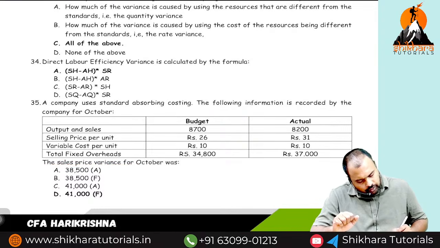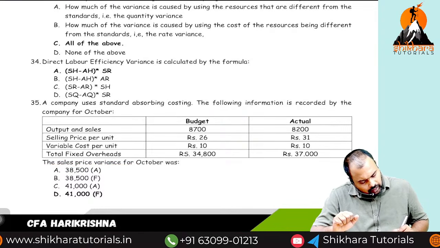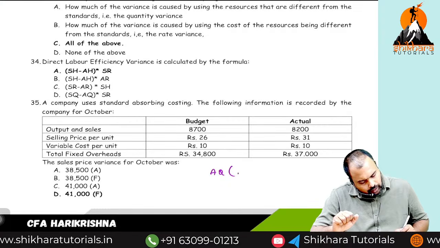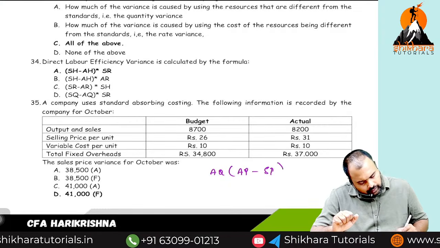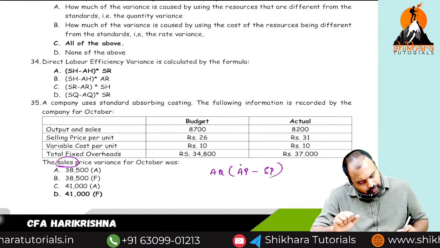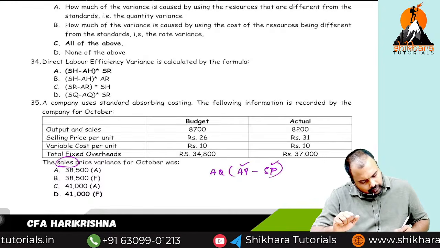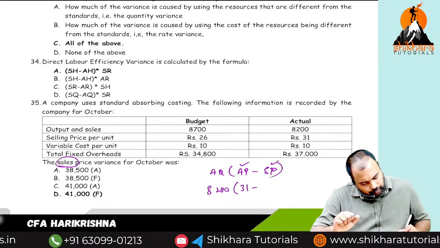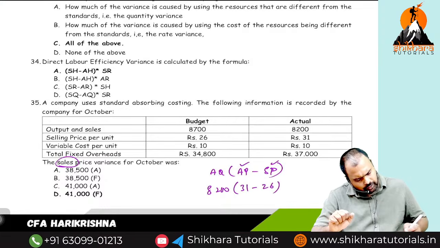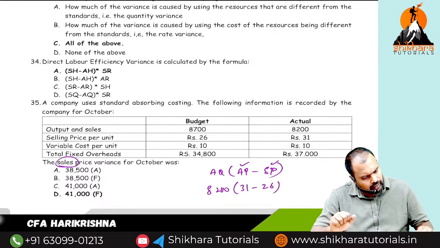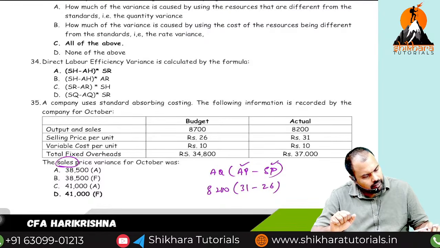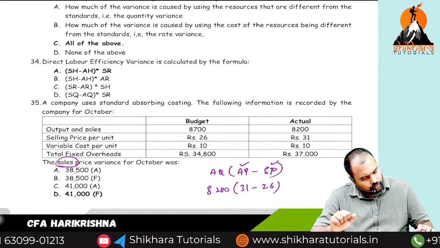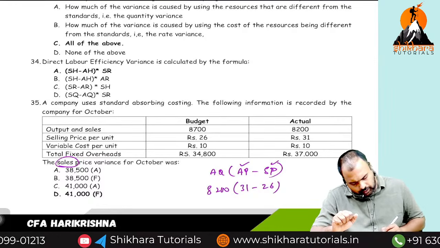Price variance is always actual quantity into actual price minus standard price. As it is sales, it is the difference between actuals and standards. So, actual quantity is 8,200, actual price is 31, standard price is 26. I think a similar question we already solved. So, 31 minus 26, which is 5, into 8,200, 41,000 favorable.